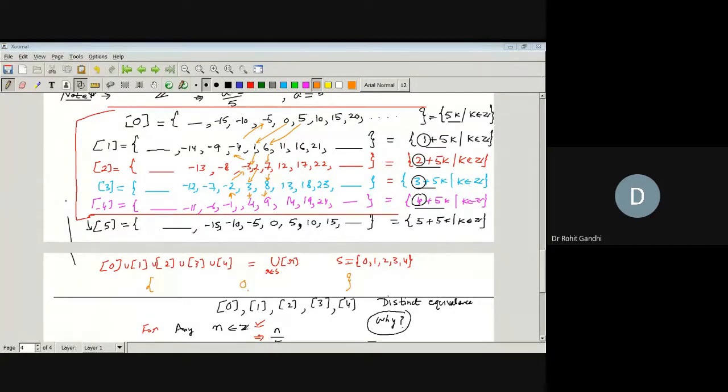How many of you can see this? Okay, Khushdeep, no problem. How many of you can see that if I take the union, I will get nothing but the set of integers? If I take the union of these equivalence classes, I will get the set of integers.